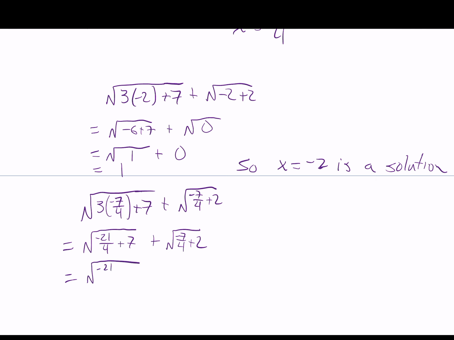That gives us negative 21 over 4 plus, what value do we need to get a denominator of 4? Well, that would be 4 over 4, so 28 over 4, plus the square root of negative 7 over 4 plus 8 over 4.